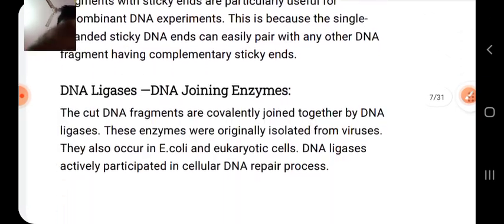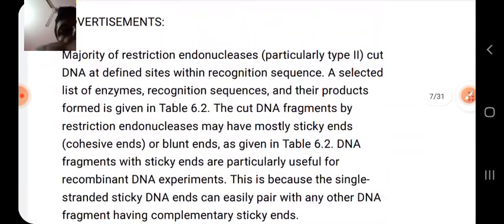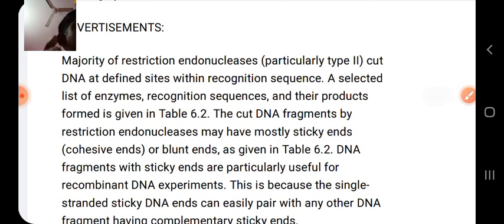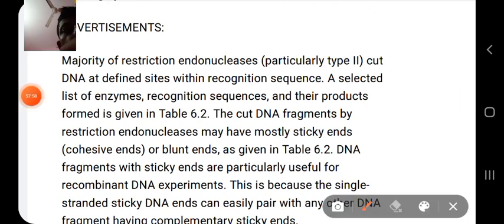Now, most of the restriction endonucleases, particularly type II restriction endonucleases, cut the DNA at definite sites within the recognition sequence. A selected list of enzymes, their recognition sequences, and their products has been given in the table that I have shown.